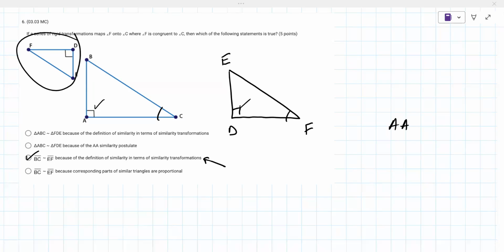Wait, let me just double check this next one. Yeah, this next one's the exact same. So let me put this in. Plus, yeah, you got it. Yeah, you got number 7 correct last time.